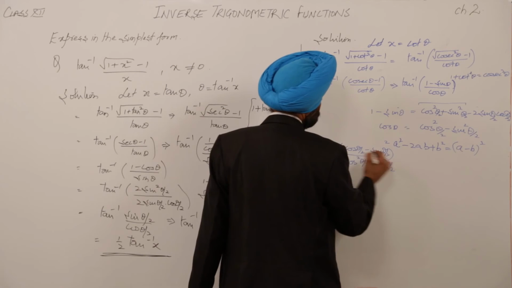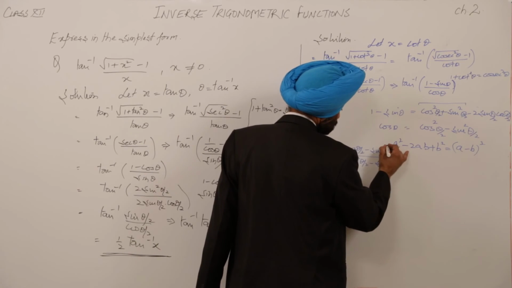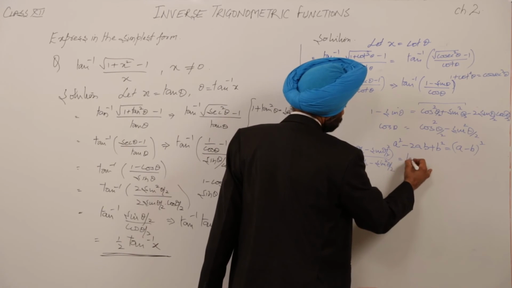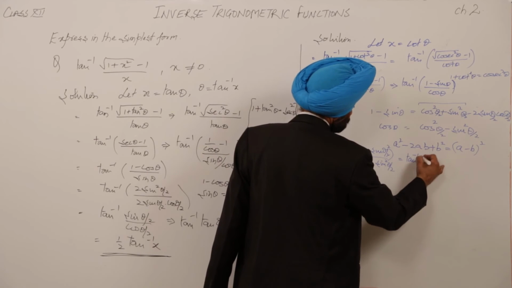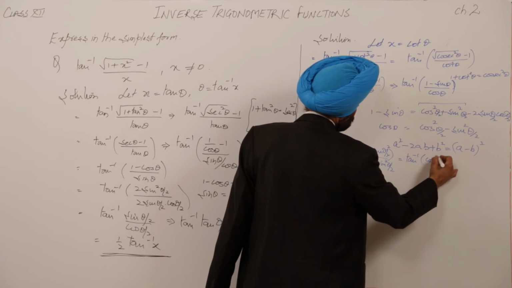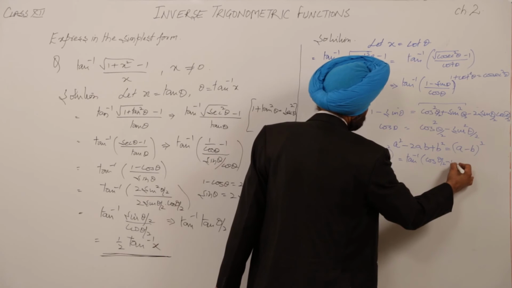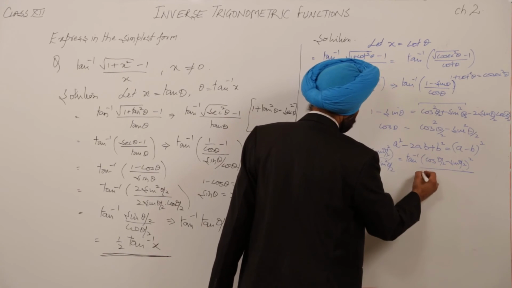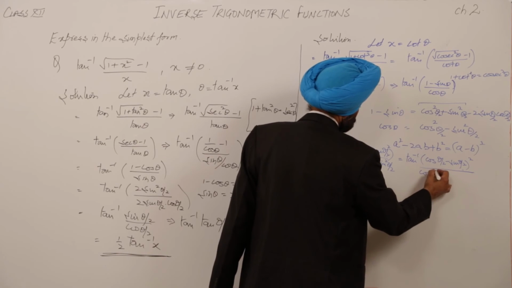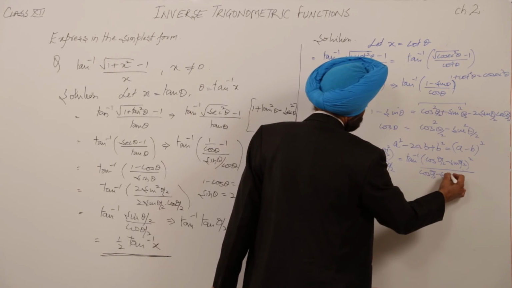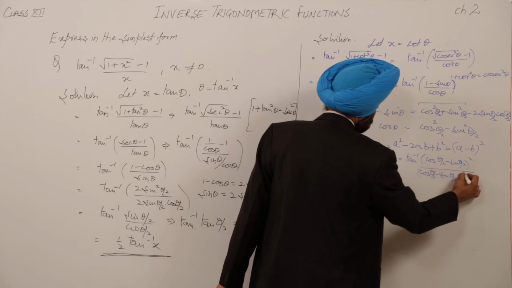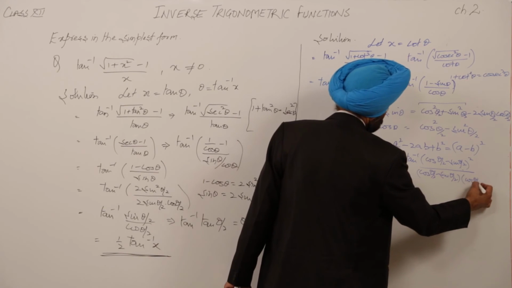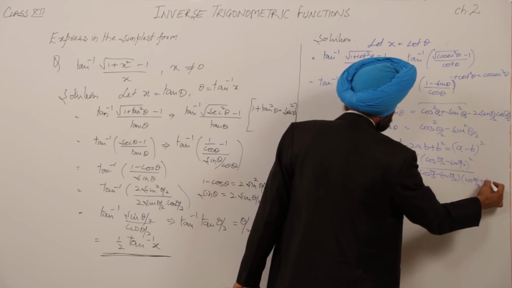Further, this becomes tan inverse, in the bracket, cos theta by 2 minus sin theta by 2 whole square, upon cos theta by 2 minus sin theta by 2 multiplied by cos theta by 2 plus sin theta by 2.